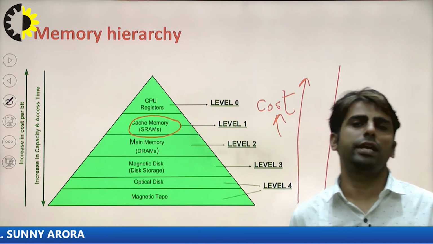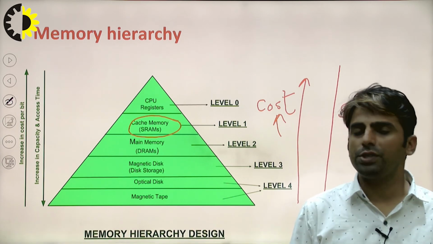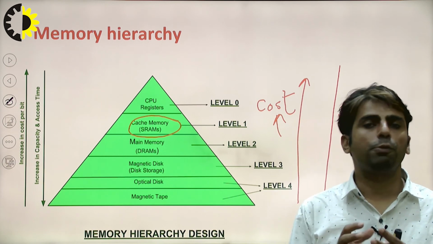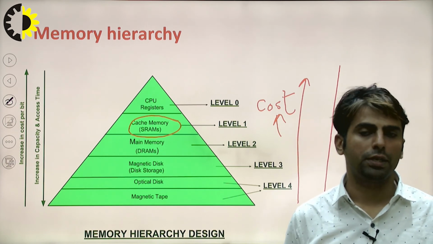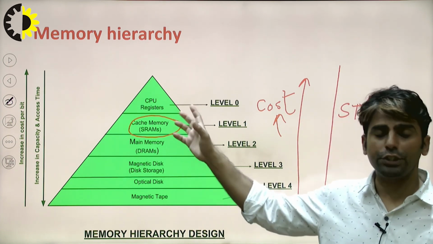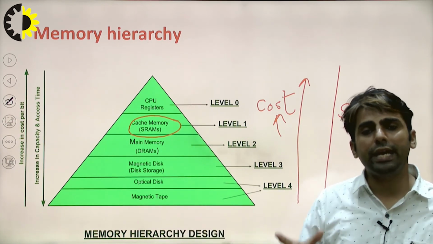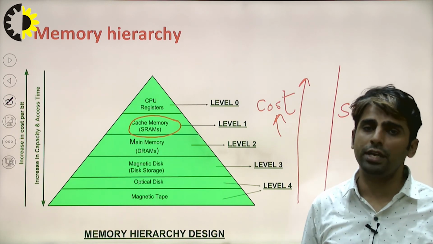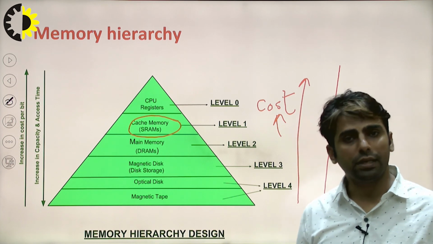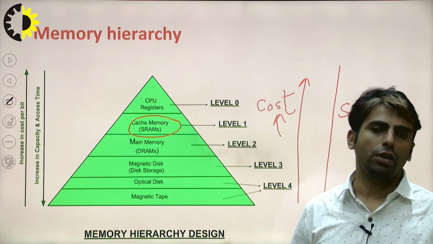I can give you a general example about this. Suppose you want to search for a person in a country, in a state, or in your society. If you are searching for a person in a society, it will take less time because the society has less space than the state, and the state has less area than the country. So searching for a person in a country will take a long time.